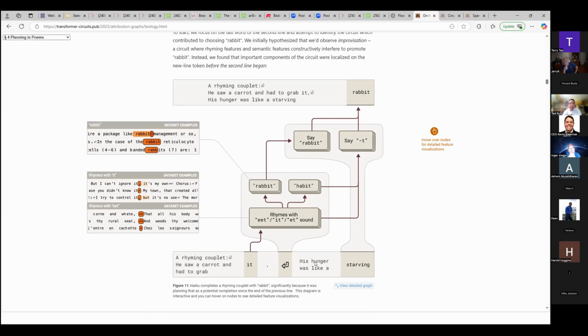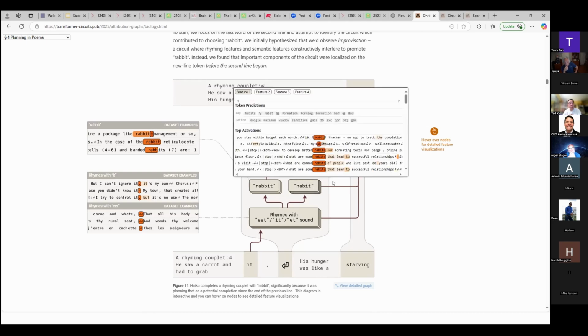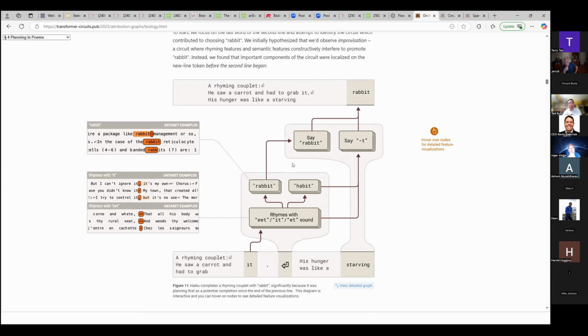Then you have "his hunger was like a starving," and ultimately there's the possibility it would say habit, there's the possibility it would say rabbit, and rabbit gets promoted. And then it's the next token prediction. Okay, so this is the graph. We're going to see this again in other flavors.